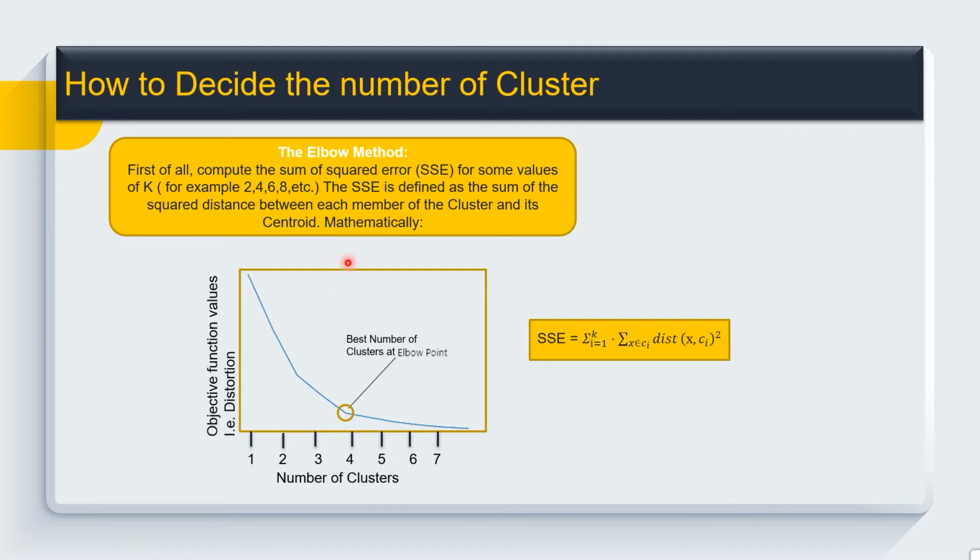The SSE is defined as the sum of the squared distance between each member of the cluster and its centroid, and mathematically it is given by the equation provided here.